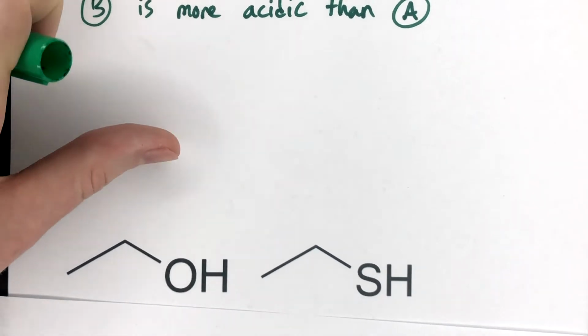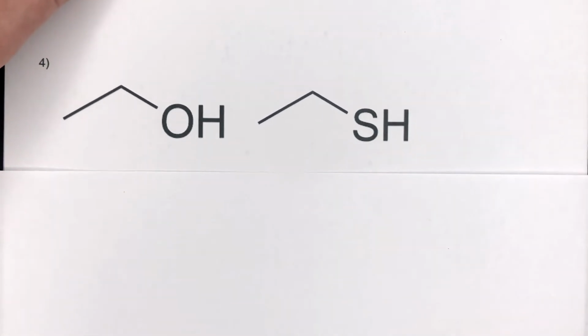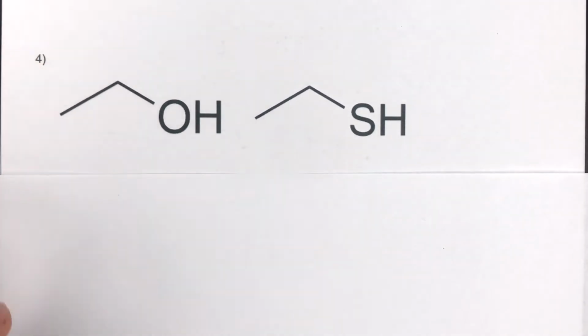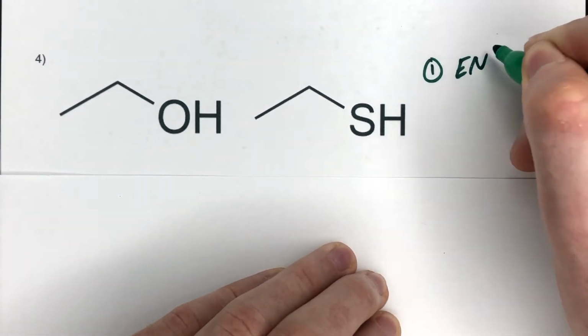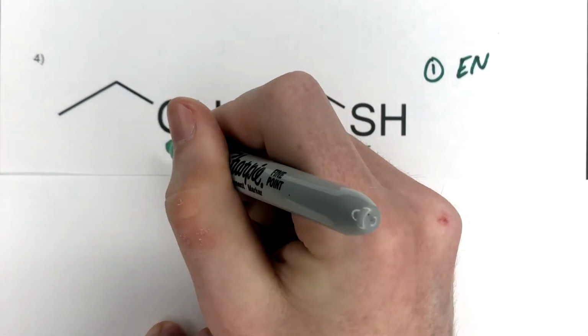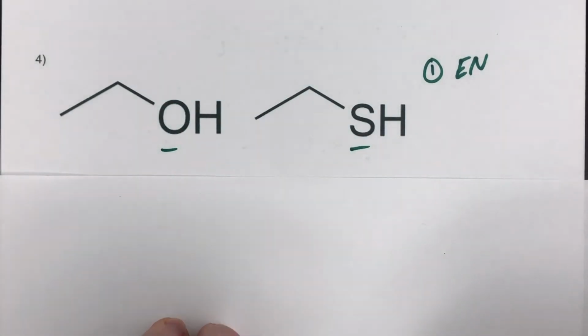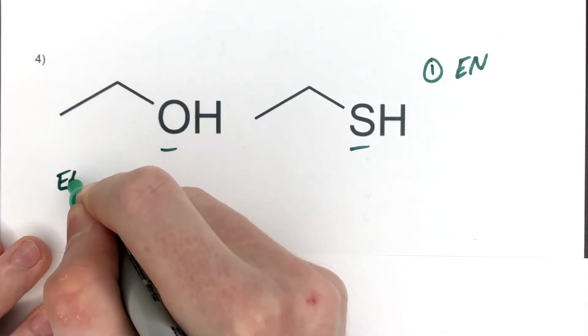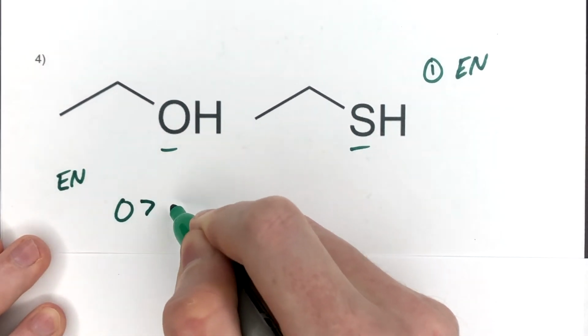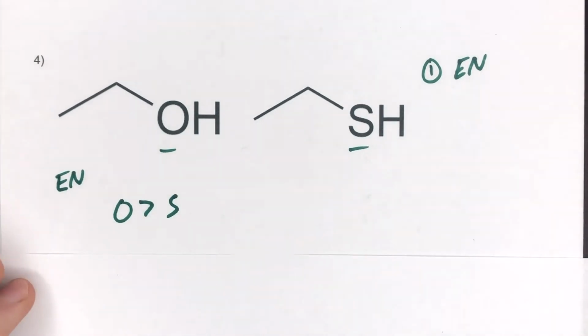Okay, let's move along here. Here's our next question. If we go through our process, first of all is electronegativity. There is a difference between the electronegativity of oxygen and sulfur. In terms of electronegativity, oxygen is greater than sulfur, which would suggest that the hydrogen bound to the oxygen is going to be more acidic.